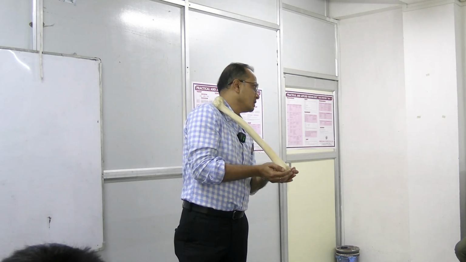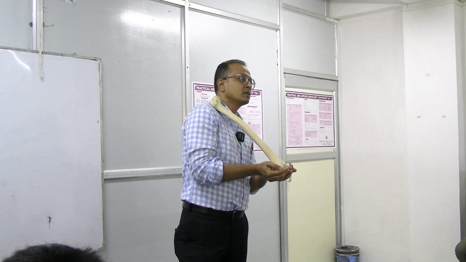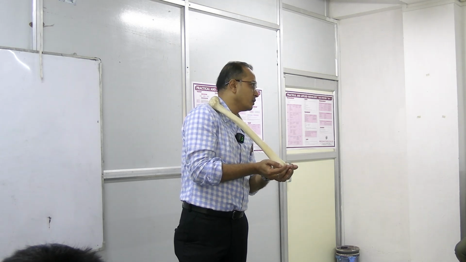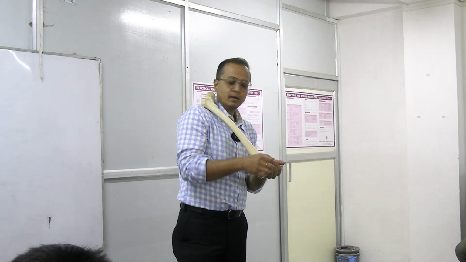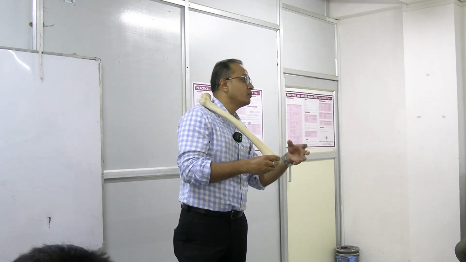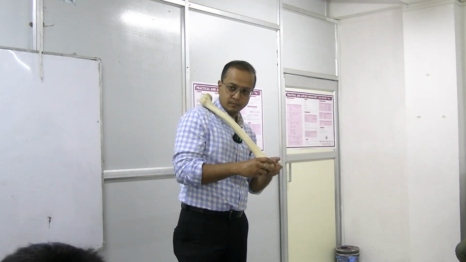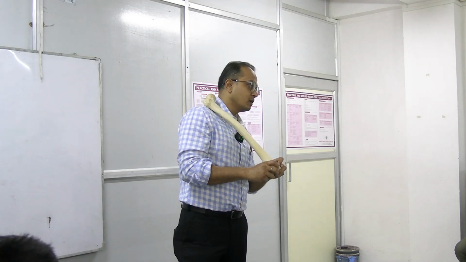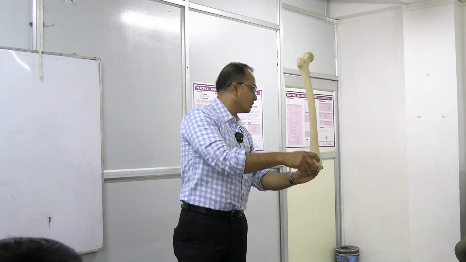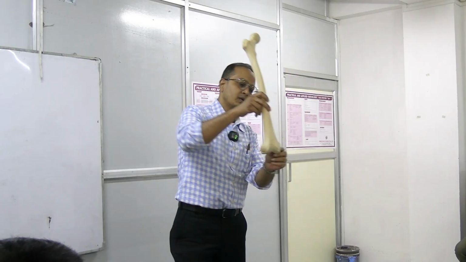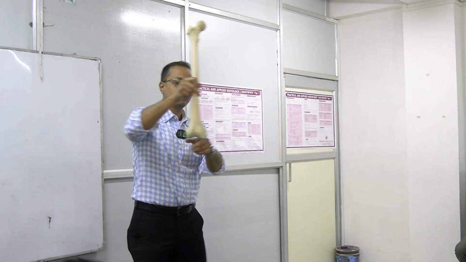In between them we have a disc, which we call the cusp or meniscus, separating them. If that cartilage is lost, there is immense friction, and then we have to do knee joint replacement surgery. Anyway, the medial condyle is larger than the lateral one, and it has a few features that you have to know.